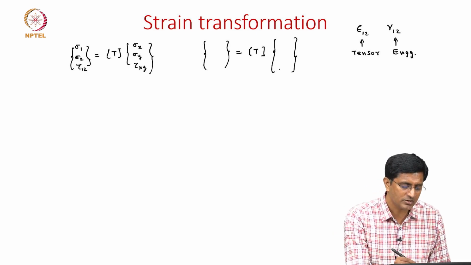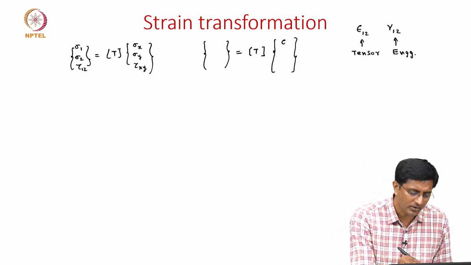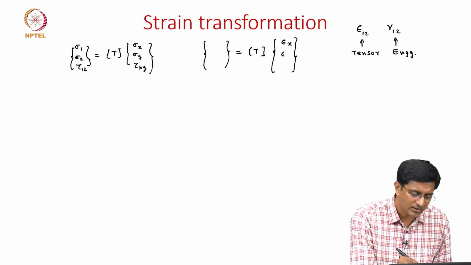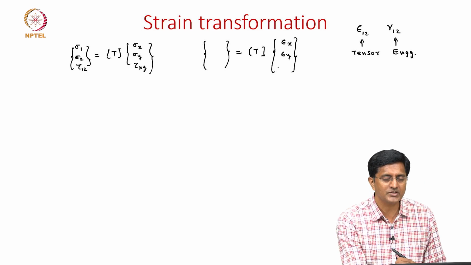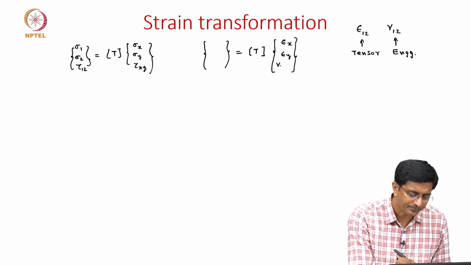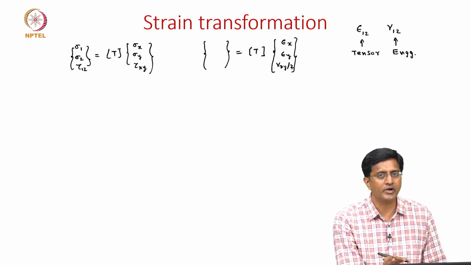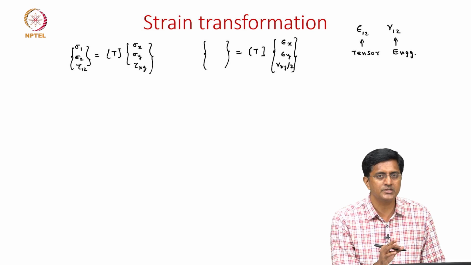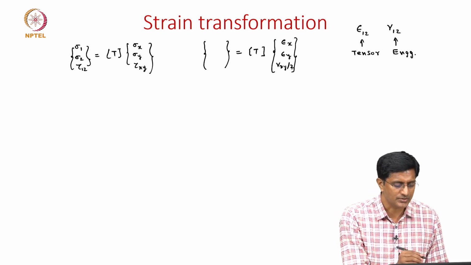So, how do we write these tensorial notations in the body format? We will write it as epsilon x, epsilon y, and instead of writing gamma xy, we will take half of it, which is then the tensorial quantity, so gamma xy by 2. Then we are fine, because now we have written these strains in the tensorial notation.